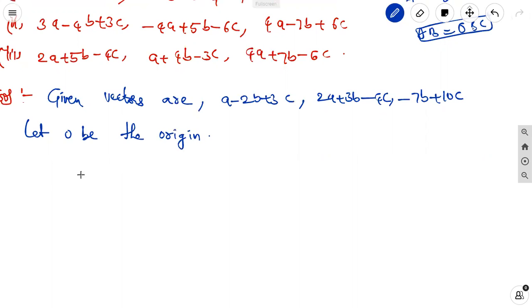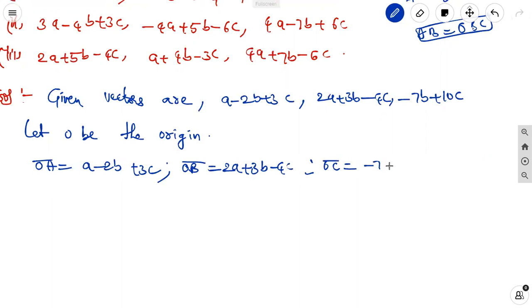Then these vectors can be taken as the position vectors: OA equal to a minus 2b plus 3c, OB equal to 2a plus 3b minus 4c, OC equal to minus 7b plus 10c.